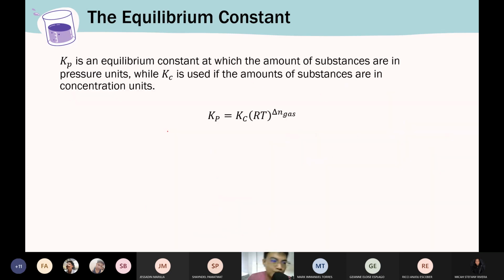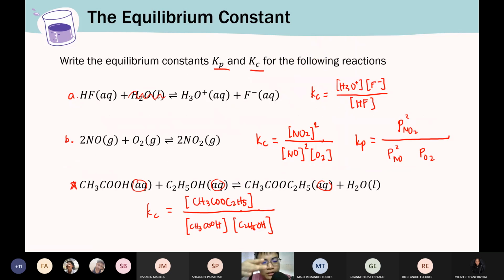Okay. Madali lang gumawa ng ganito. And now, let's proceed. Looking at equation letter B, you have Kc and Kp. Yung Kc and Kp mo, magkaiba yung value niyan. Of course, no? Magkaiba yung value niyan. Kasi yung isa in units of mole per liter, the other one is in atm. And you know na merong derivation na gagawin, di ba?